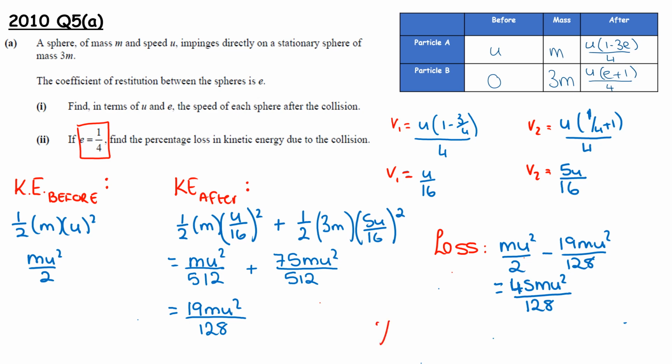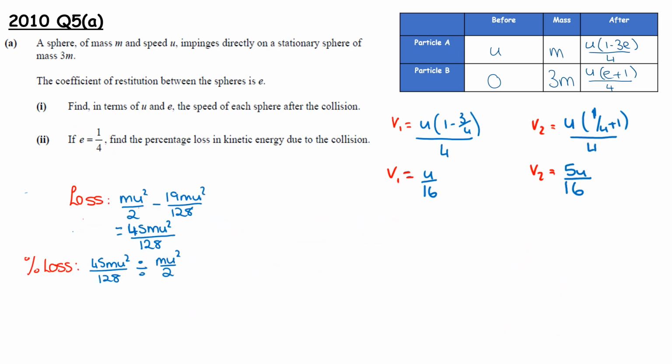So therefore the percentage loss, we're going to put the loss, which is this, over, because it's fractional, I'm going to divide it by the original amount. So mu squared over 2. Anytime we want to divide by a fraction, we instead multiply by the reciprocal. So that looks like 45mu squared over 128 multiplied by 2 over mu squared.